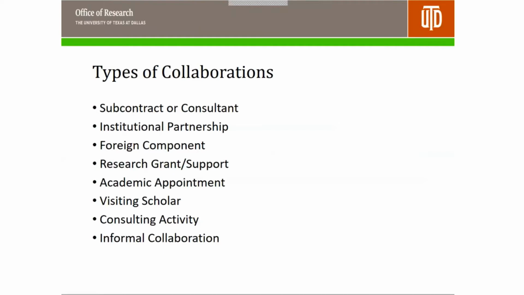In that case, there may not be a formal agreement between the university and this other institution. So it would be up to the researcher to be aware of the risks that I'm going to talk about in a little bit, and to come to the research office or the department and ask, hey, is there anything that I need to be aware of?